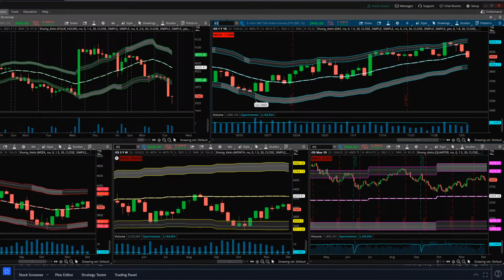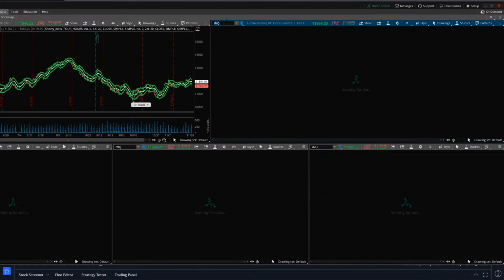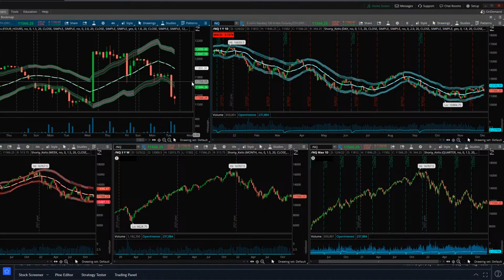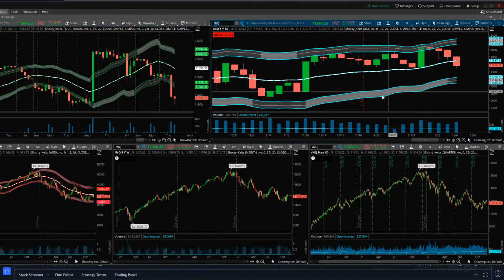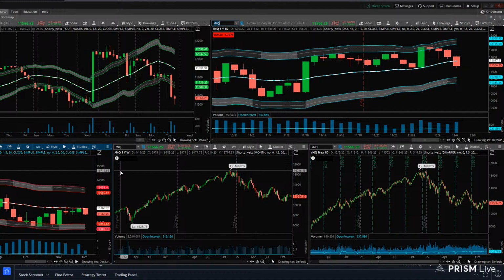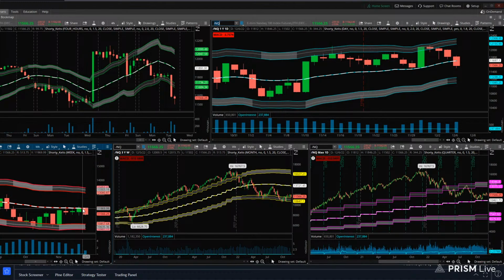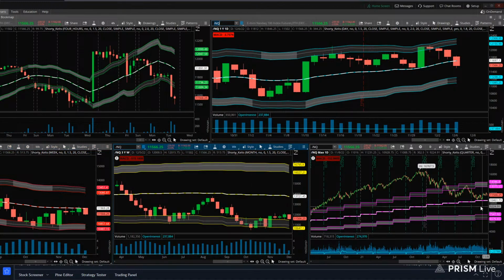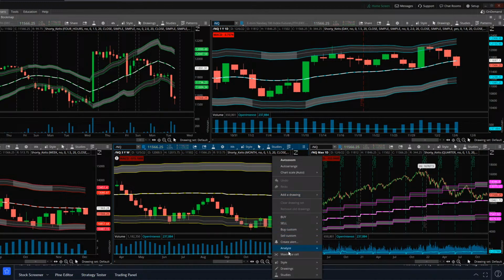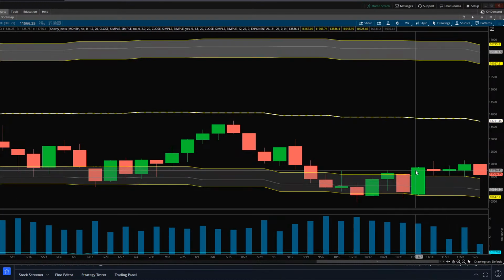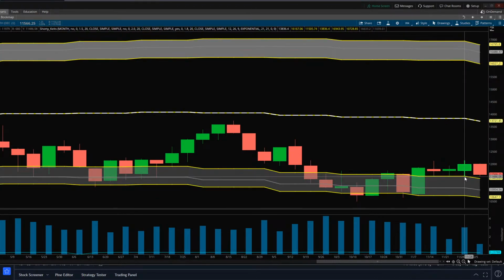Now we can check out NQ. Oh yeah, so this is our retest of the weekly bottom here, or sorry, the monthly bottom.